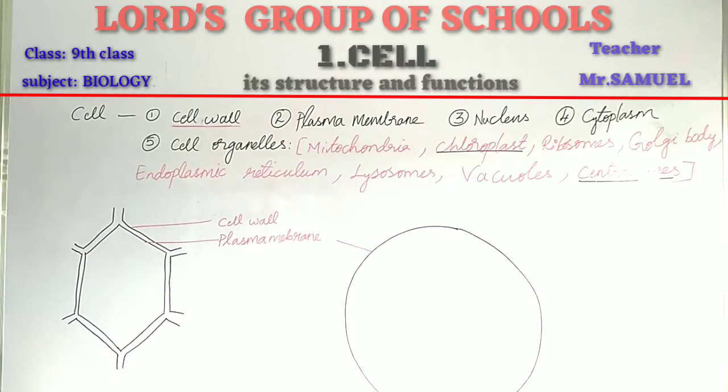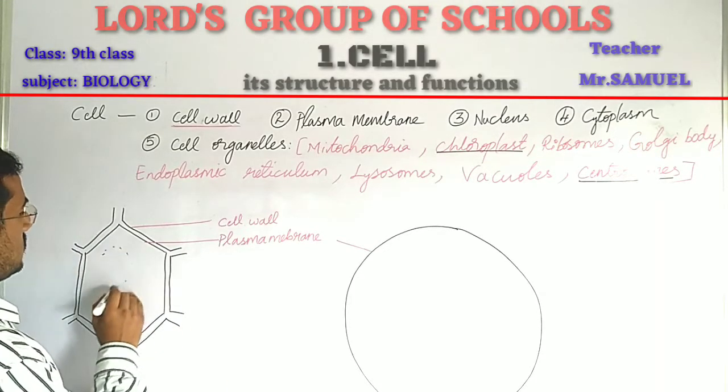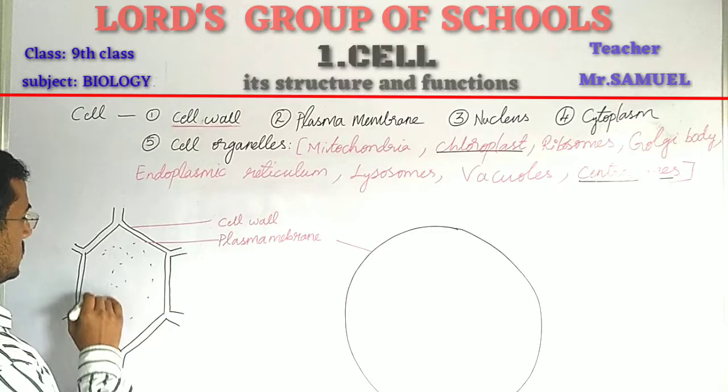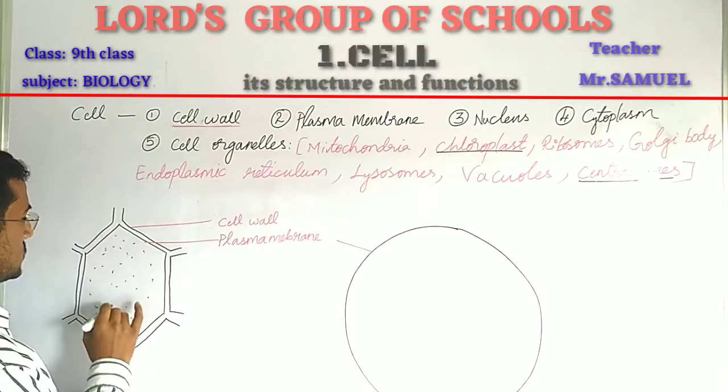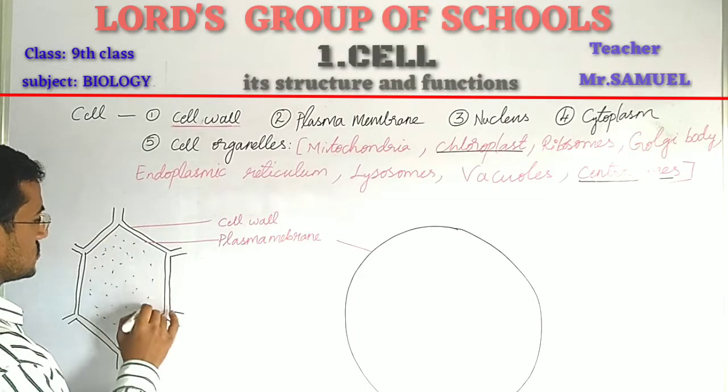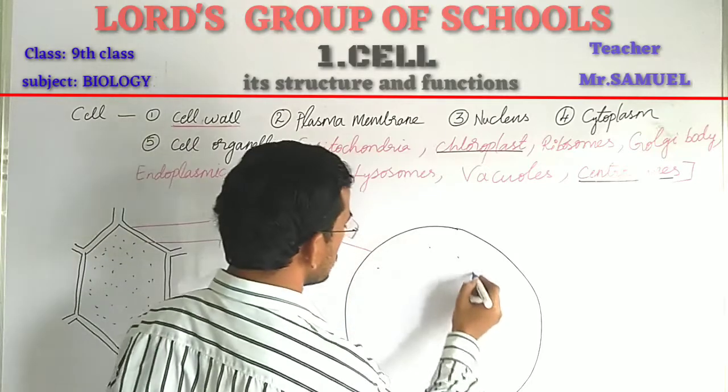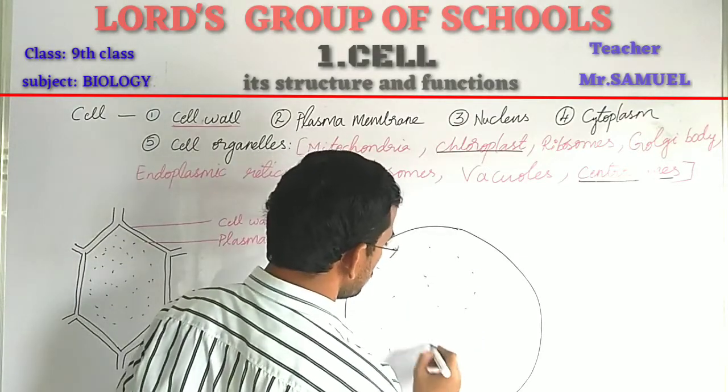And the next structure we can see is cytoplasm. So cytoplasm is also seen in animal cells.